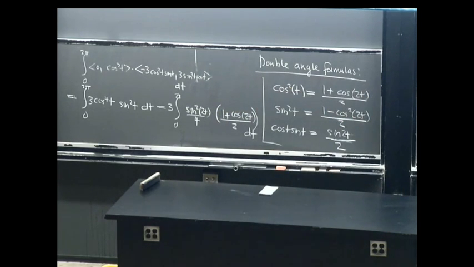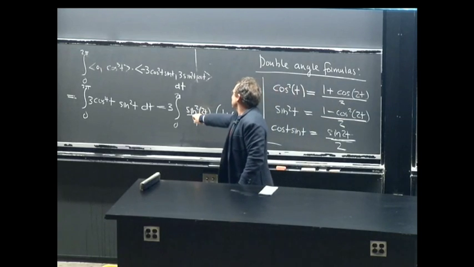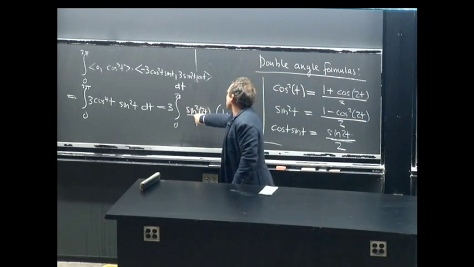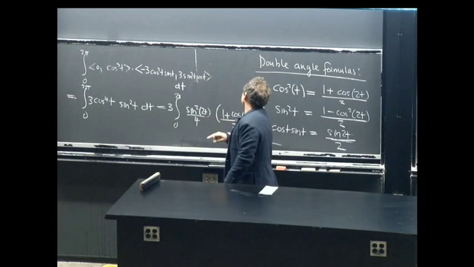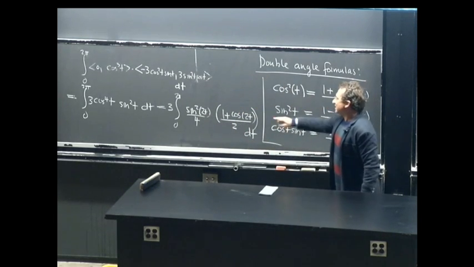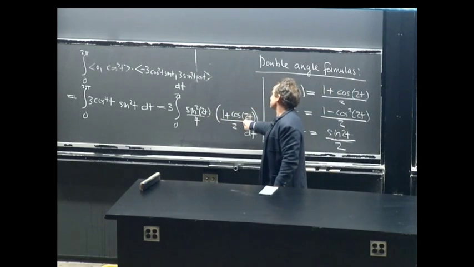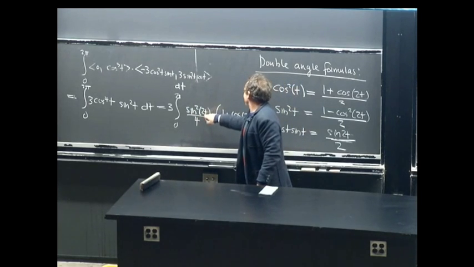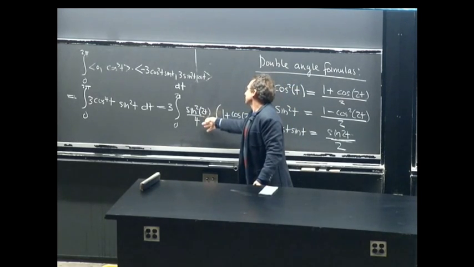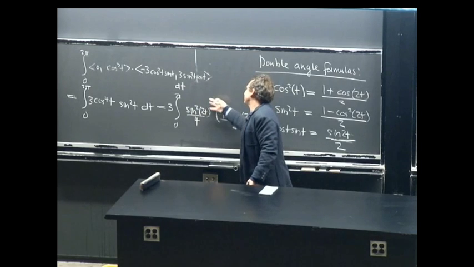Now we are almost there, right? Because we have two integrals. One integral is sine squared 2t, and one integral is sine squared 2t cosine 2t. The integral of sine squared 2t cosine 2t gives you sine cubed 2t over 3, and that goes away.